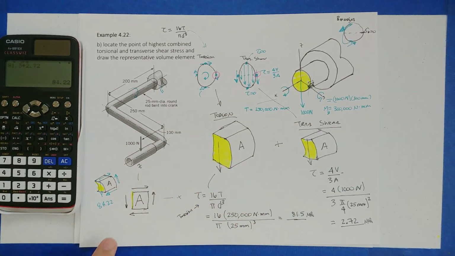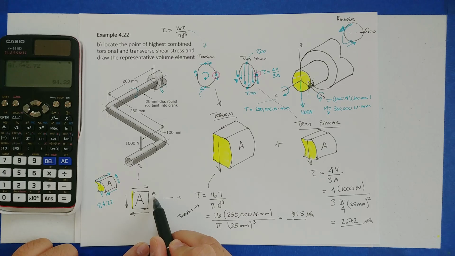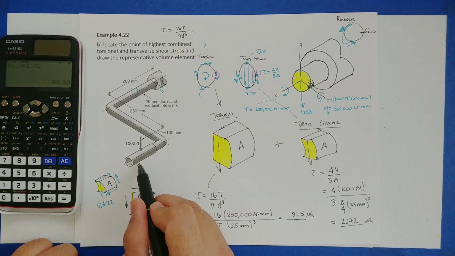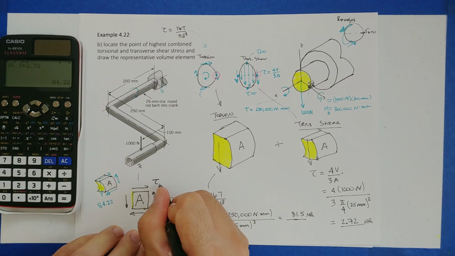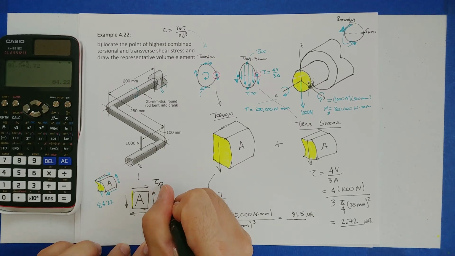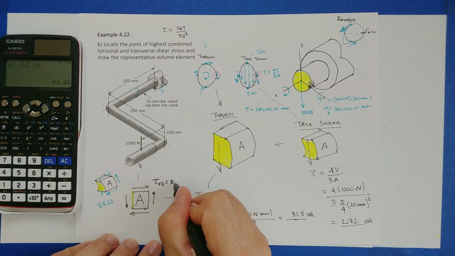So specifically, this arrow is on the X face of the cube and is pointing towards the z-axis. To be completely thorough, this would be a tau xz value, and this would be 84.22 megapascal.